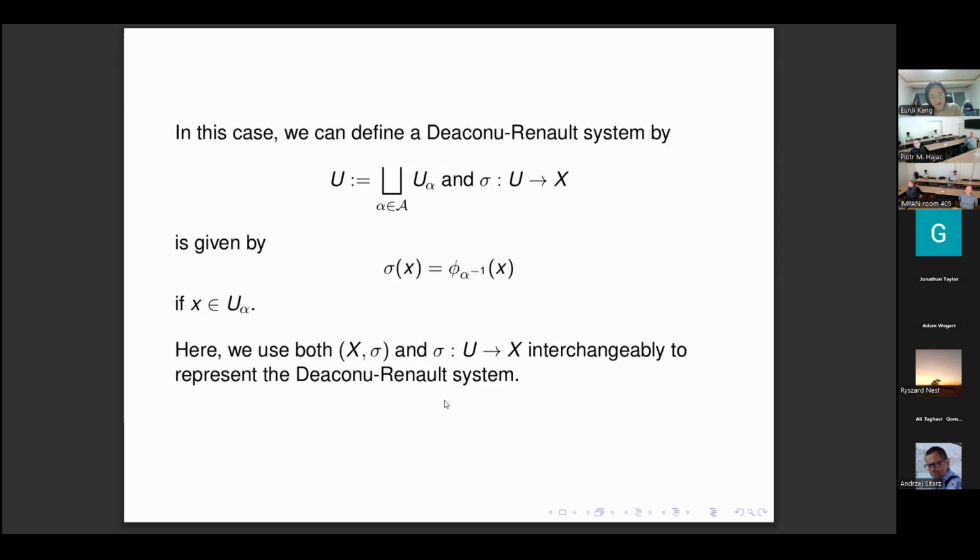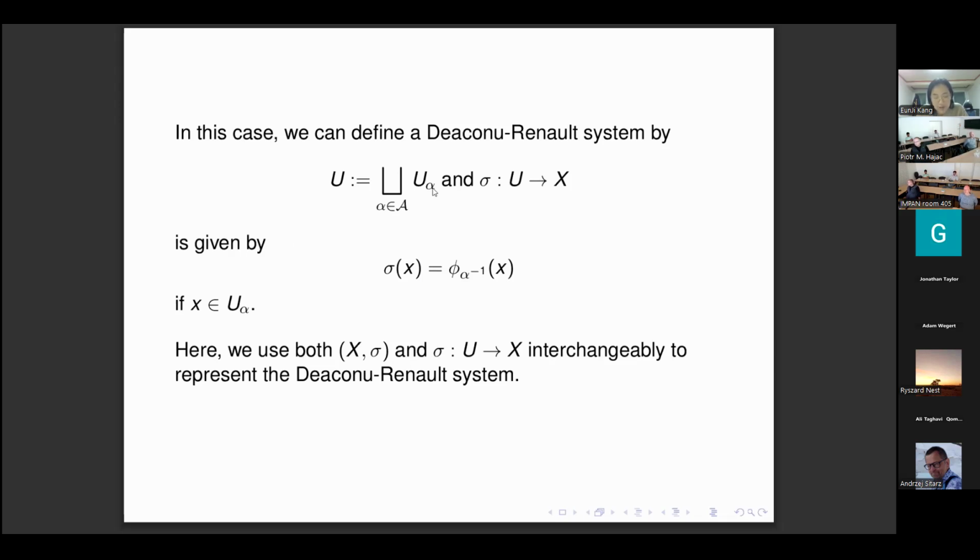And then in this case, we can define a diagonal system. To do that, we first collect all domains where the generator acts, and then we call the set U, and it's simply the disjoint union of all the individual domains for each generator.